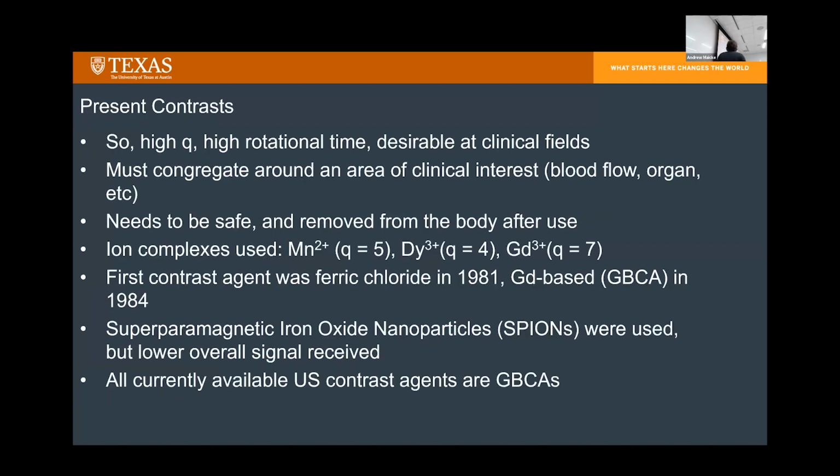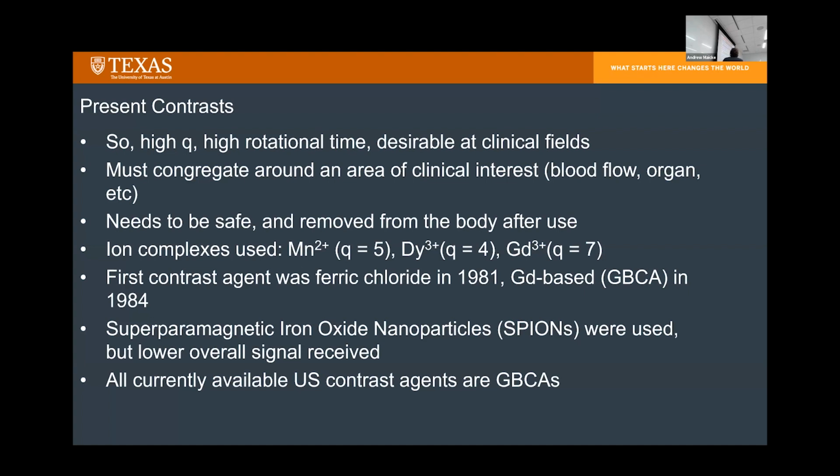If you're actually designing a contrast agent, you also need to keep in mind that you're going to put this into a person. So it has to congregate in an area of clinical interest, it needs to be relatively safe, and it needs to get filtered out of the body after use.